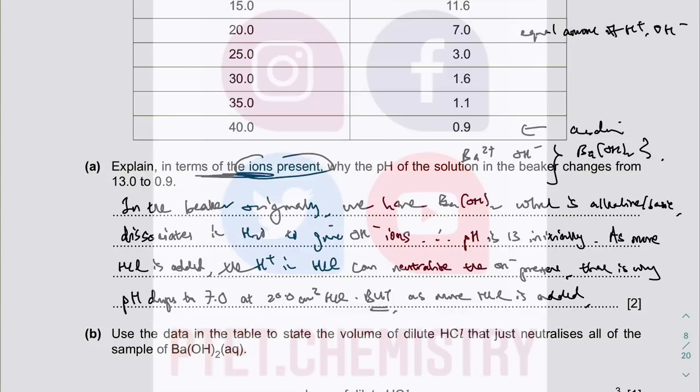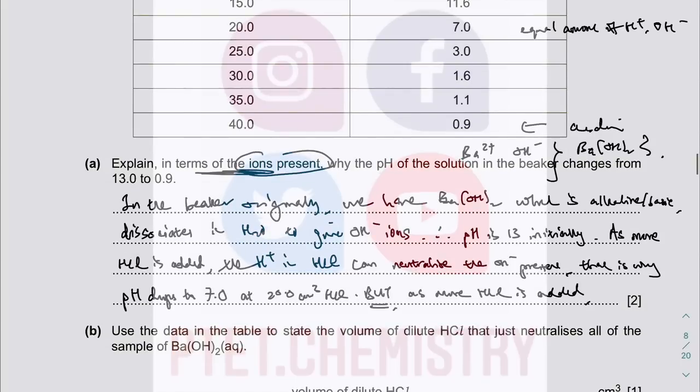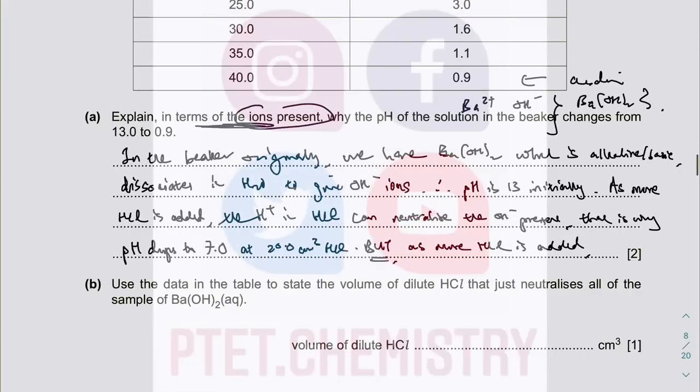They get neutralized, yeah. But then when you add more acid beyond that, there is more H plus than OH minus. The HCl is in excess, therefore pH becomes very acidic, because HCl is a strong acid, right?